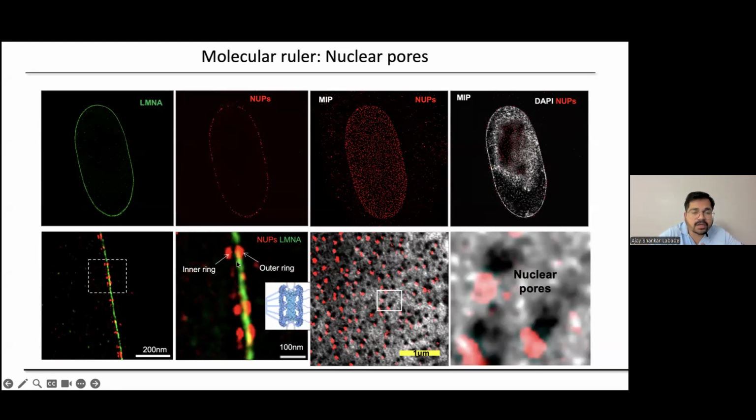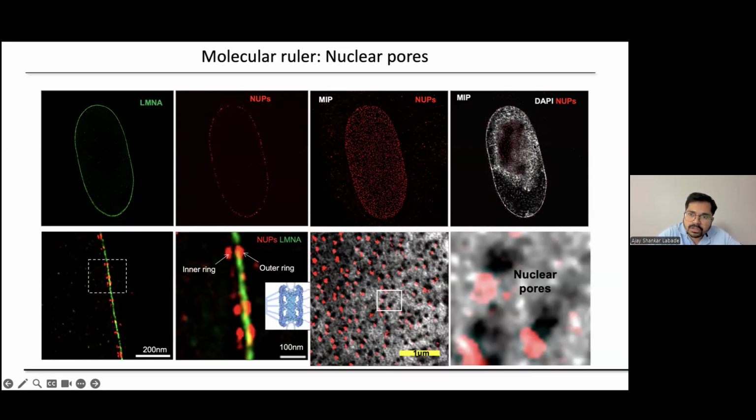That means we can get a very high resolution in terms of a few nanometers. Not only that, but in gray color here, what you're seeing is chromatin, which is DAPI. And you do see that right below the nuclear pore complex, there is a DAPI-less region, which is this dark region, which depicts the nuclear pore.